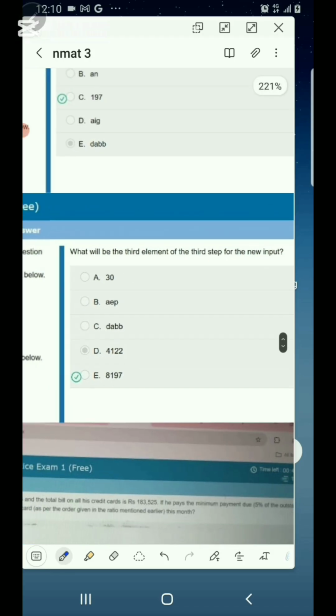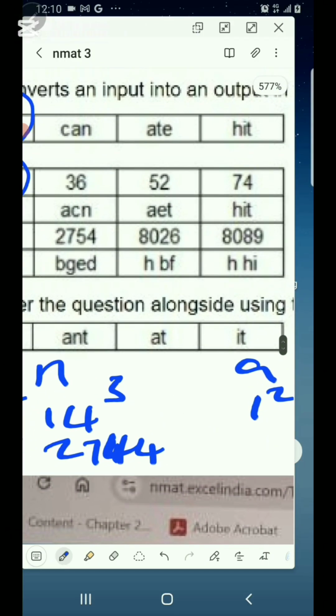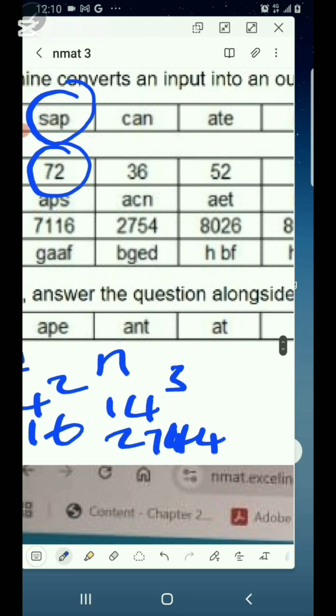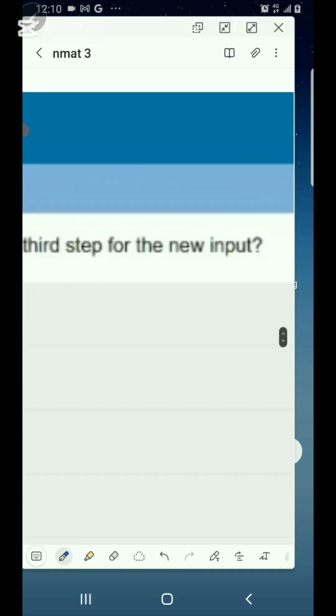Here is the question. What will be the third element of the third step for the new input? And here it is ANT. So now I start for the ANT.